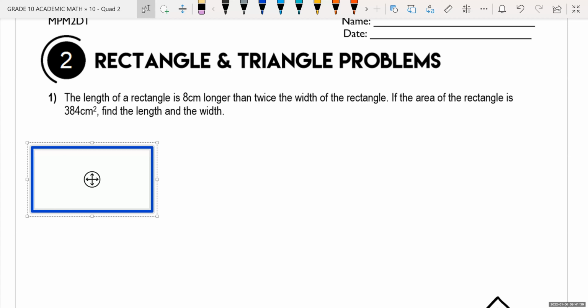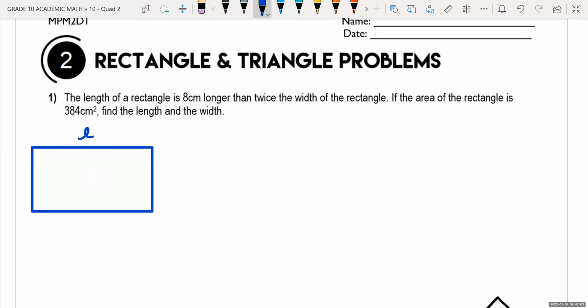Okay, so I've drawn my rectangle and now let's start putting in our information. Obviously, because we're talking about length and width, it's probably a good idea to use L and W for our letters. It says the length of a rectangle is 8 centimeters longer than twice the width. So how exactly are we going to do this?